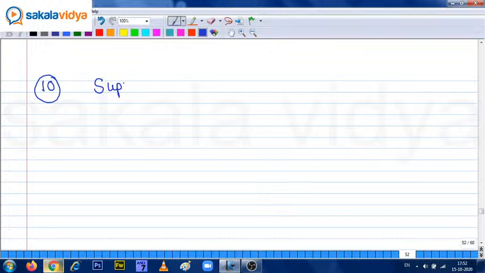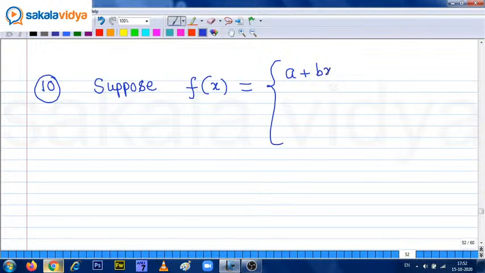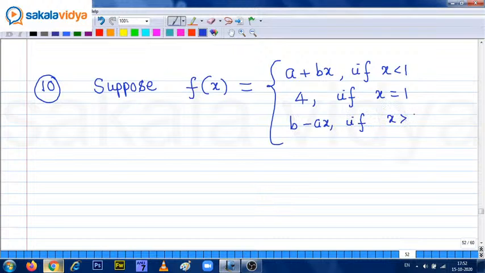Suppose f of x is defined as: a plus bx if x less than 1, 4 if x is equal to 1, b minus ax if x greater than 1.